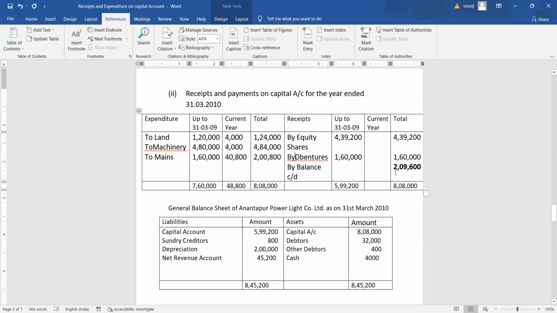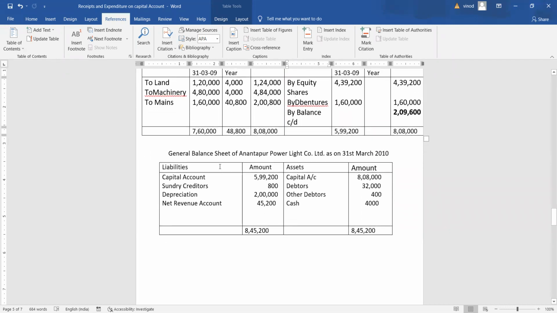Then by deducting the values 4,39,200 and 1,60,000 from 8,08,000, our balance is 2,09,600. This amount is the balance of sources. Okay. This is the balance from the receipts and payments account.